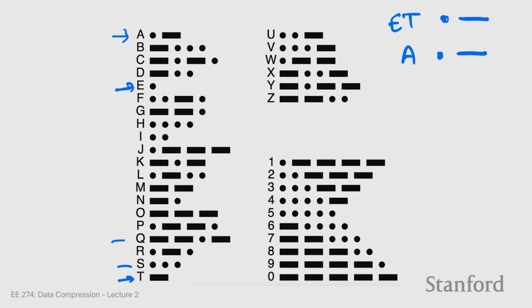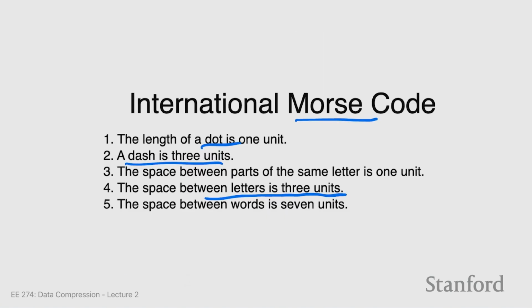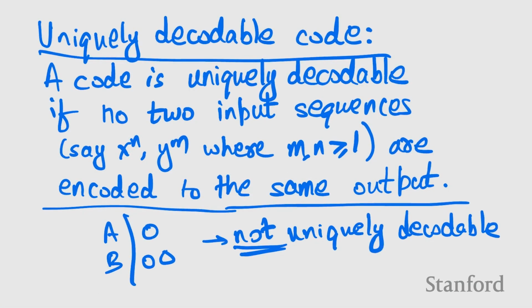Any questions with this? Could you go back to the previous slide? This one? Yeah. And the previous one. Yeah, so the X and then Y, they are just two input sequences.